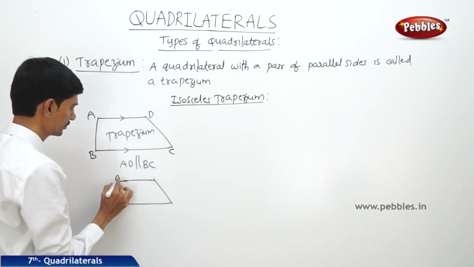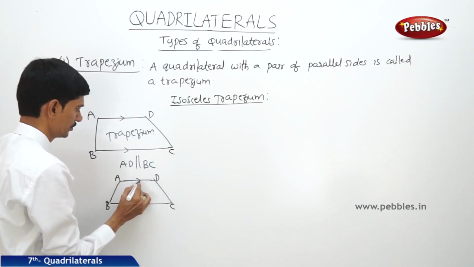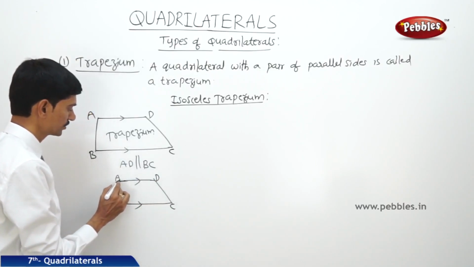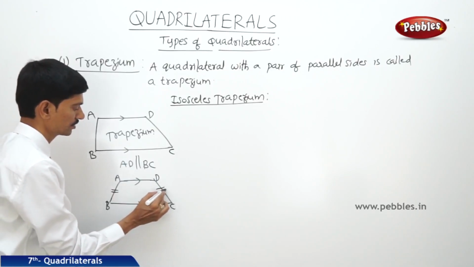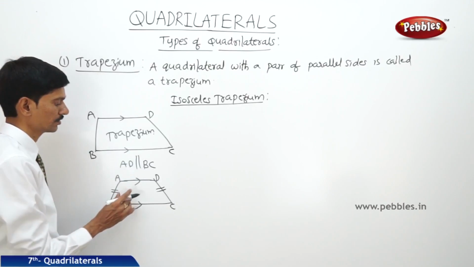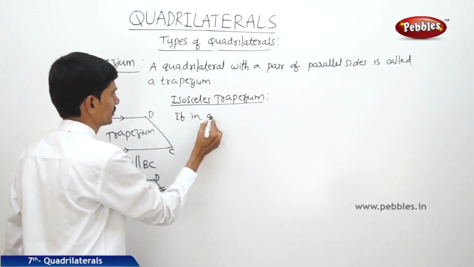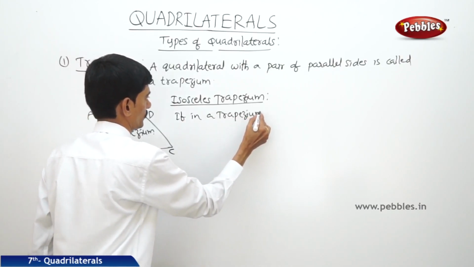So these two are parallel sides, here AD is parallel to BC. Now the non-parallel sides AB and DC, if these two are of equal length, such trapezium is called an isosceles trapezium.